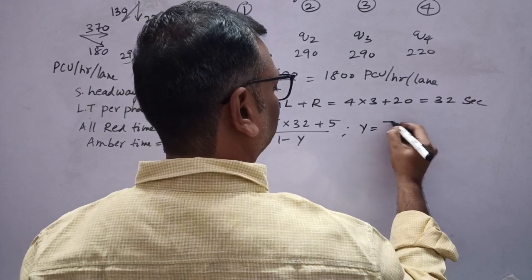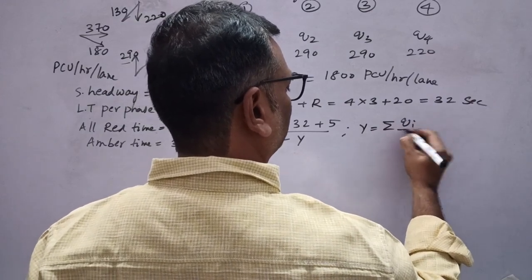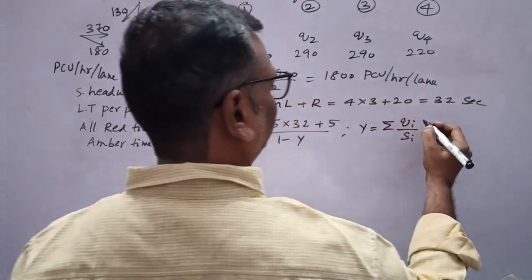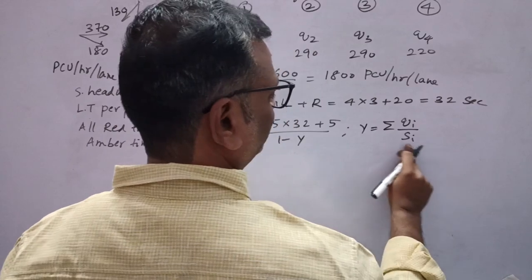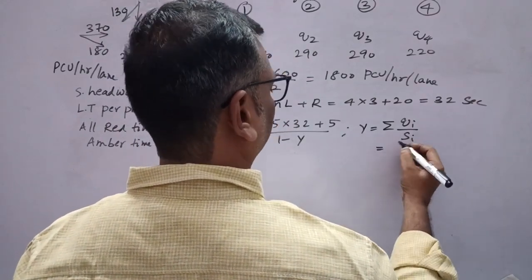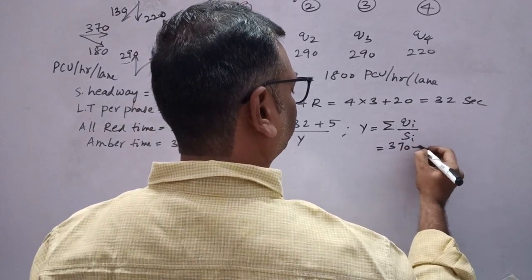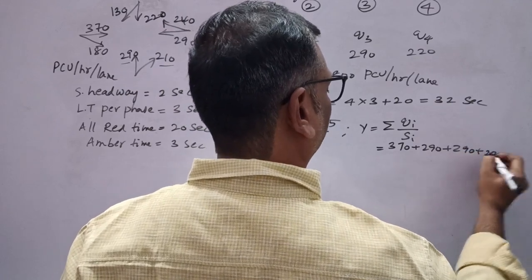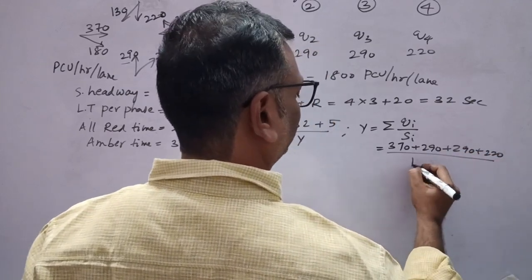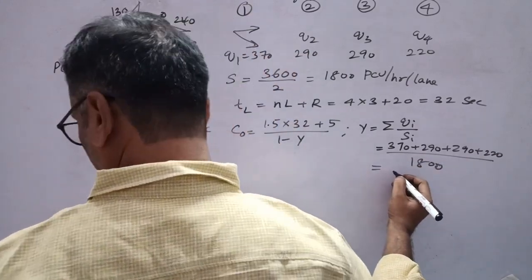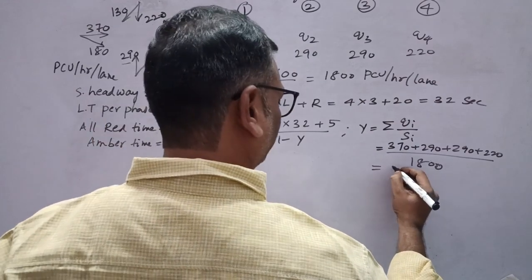Y is equal to sigma of qi by Si. Saturation flow is the same for all the approaches, therefore 370 plus 290 plus 290 plus 220 divided by 1800. You get Y as 0.65.